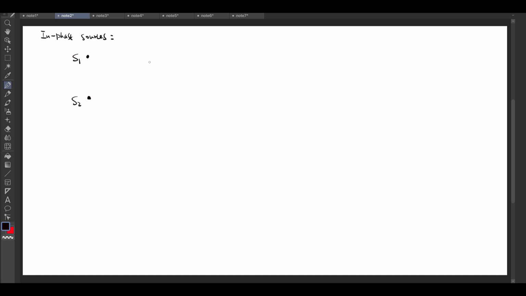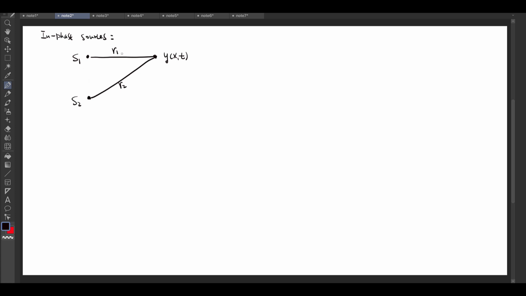But if you pick a spatial point at this location, then the distances from S1 and from S2 are different. We call these R1 and R2 to represent the distance to the same spatial point. And we're thinking about the displacement for this point at instant t.